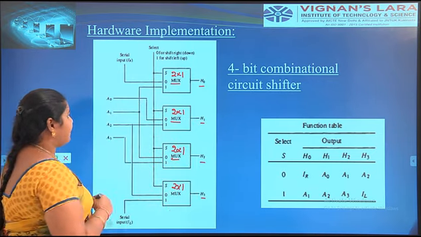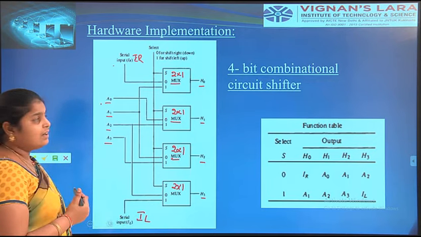Here we have 2 serial inputs, denoted as IR and IL. IL means shift left, IR means shift right.